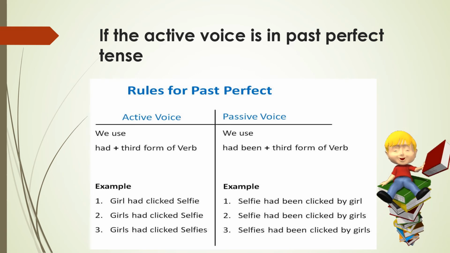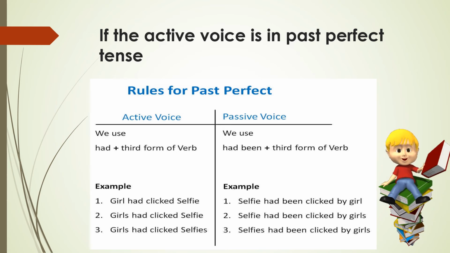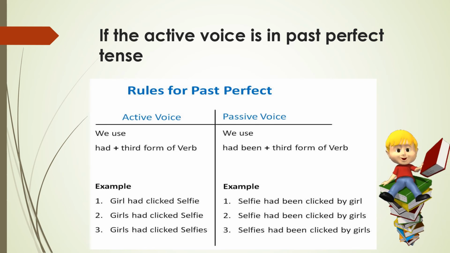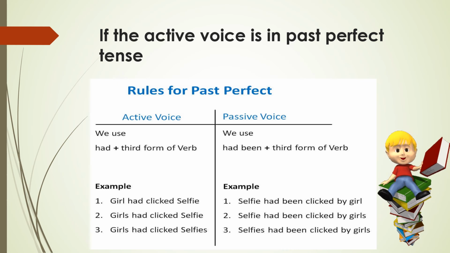For example, you can read the sentences of the first column that are written in active voice: a girl clicked a selfie, girls had clicked a selfie, and girls had clicked selfies, right? We use had with every subject, whether it is plural or singular.